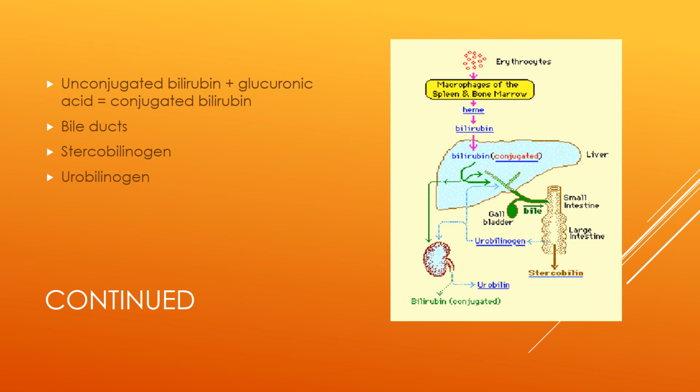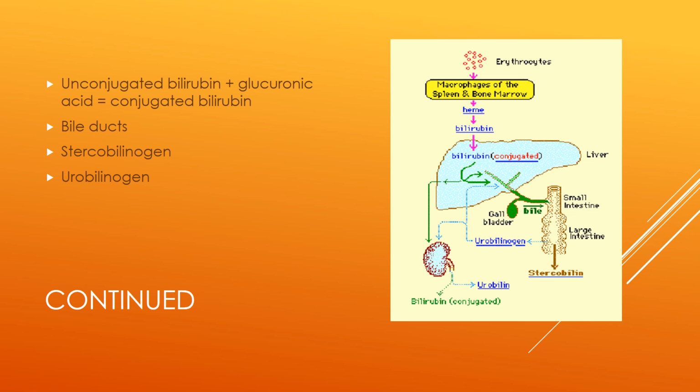So once that unconjugated bilirubin is carried to the liver, just to talk about what goes on in the liver, it's going to be combined with glucuronic acid, and that's your conjugated. So it starts out unconjugated, you add glucuronic acid, and you get conjugated bilirubin. Most of that is going to go through the bile ducts into the small intestine, where it's going to be converted to stercobilinogen and urobilinogen, right? And we like our bacteria in our intestines. They're big helpers with that.